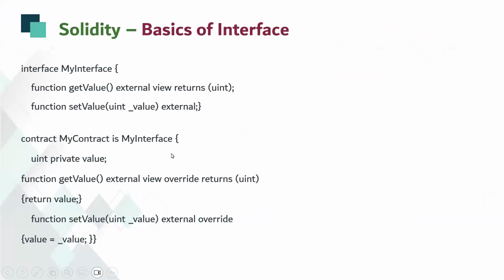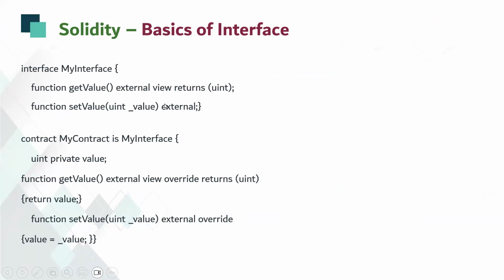Here is an example of an interface in Solidity. Look at this block of code, interface MyInterface. In this example, MyInterface is declared using the interface keyword. It defines two functions, getValue and setValue.